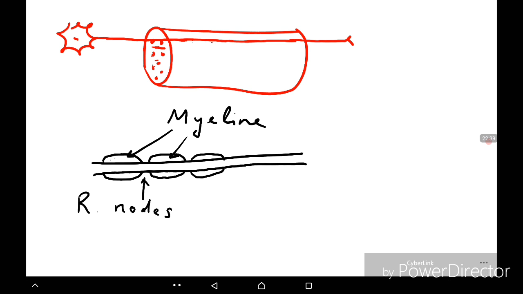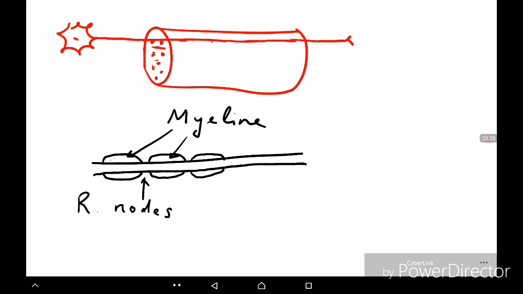The mechanism of excitation conduction in myelinated nerve fibers is different from unmyelinated, because action potential may only occur in the free spaces or in Ranvier nodes, because in these parts of nerve fiber the membrane is not covered with the hydrophobic non-polar lipid structure of myelin.